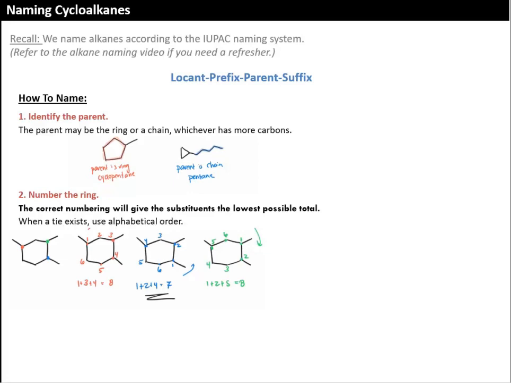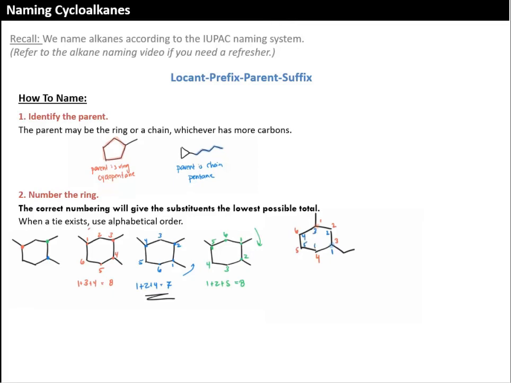In cases where a tie exists, you'll use alphabetical ordering to identify the correct numbering. Here in this example, we have a cyclohexane with an ethyl and a methyl group. I can make the methyl carbon 1 and the ethyl carbon 3. Let's look at that numbering first. Or I can make the ethyl carbon 1 and the methyl carbon 3.